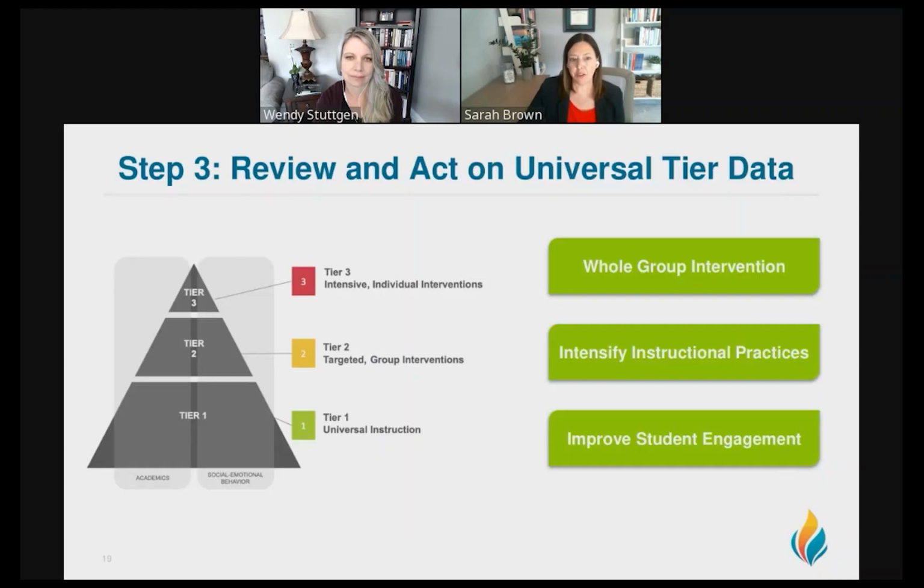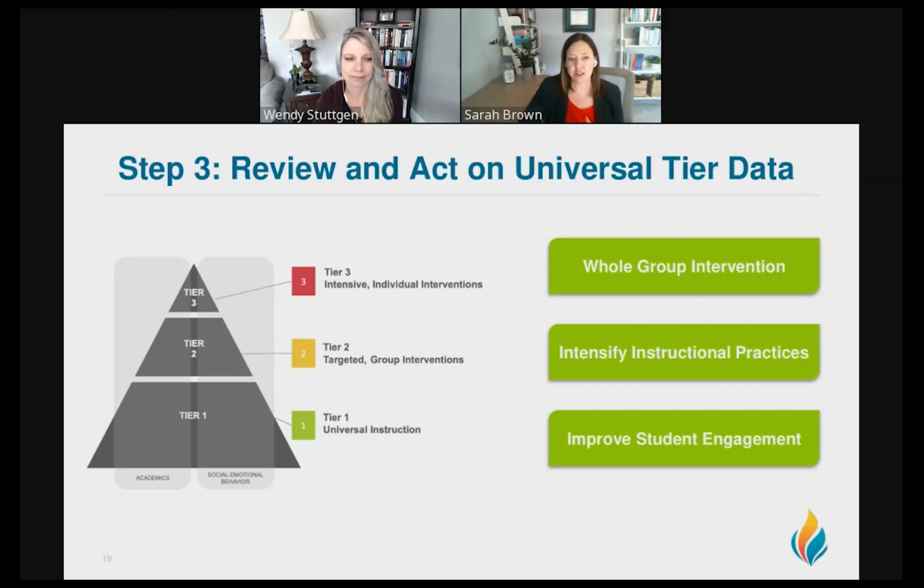So after we have universal screening data, we have to review and act on those data. In cases where there are more students who need intervention than we have intervention resources to support, we need to intensify tier 1 instruction. This will improve learning trajectories for all students, including many students with disabilities, assuming they have access to those resources as part of their instructional packages.